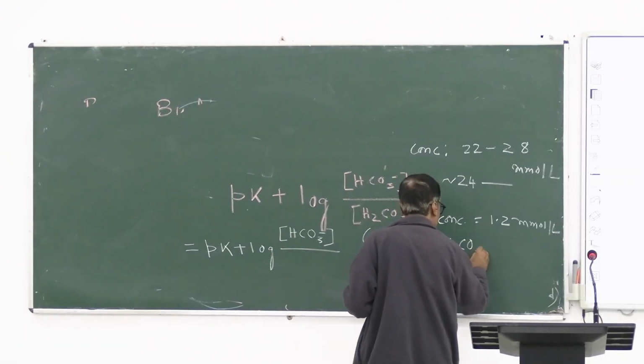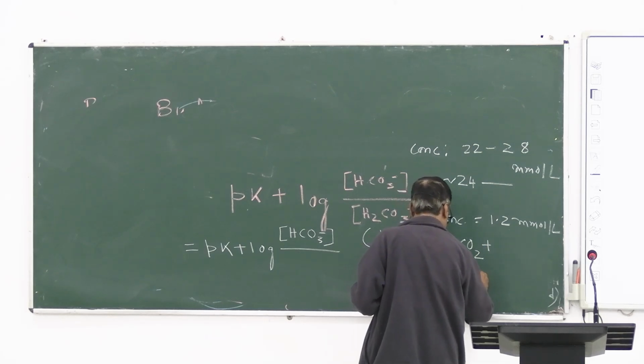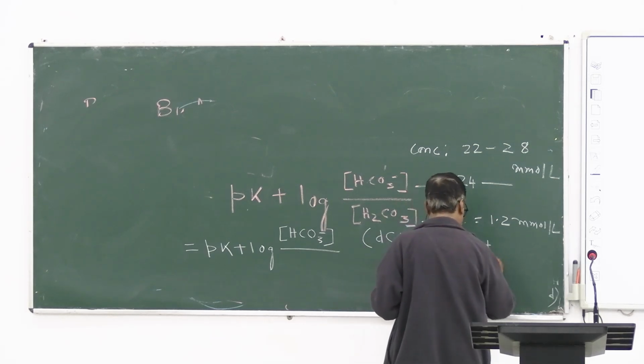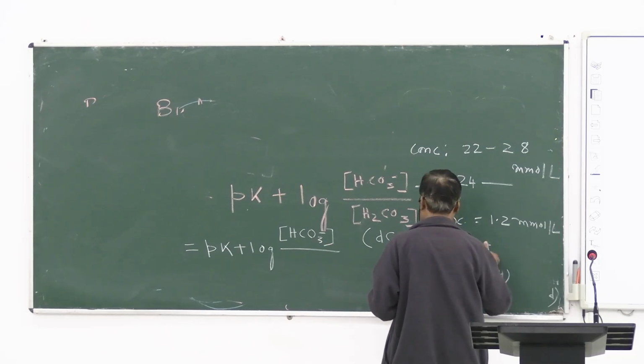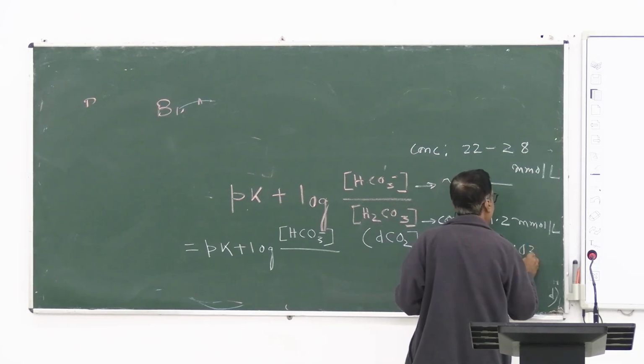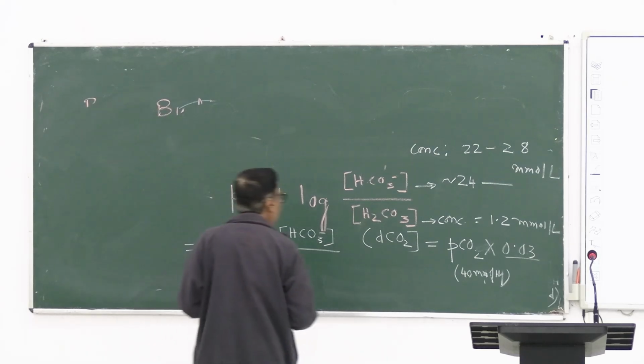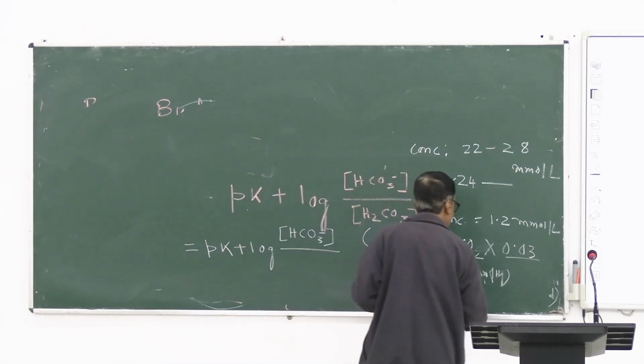PCO2, the partial pressure of the carbon dioxide, which in normal cases is 40 millimeter of mercury, into 0.03, which is a constant, the solubility constant of the carbon dioxide.